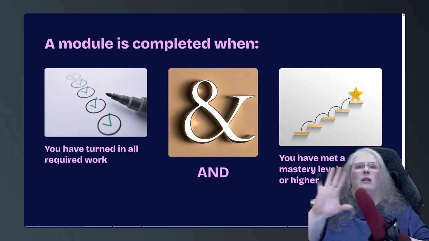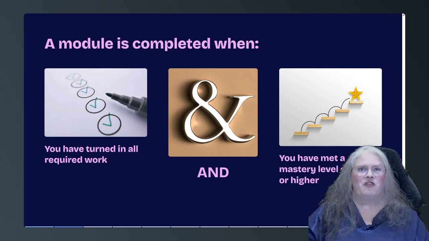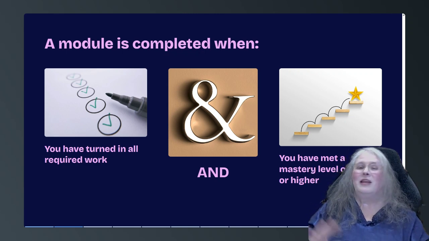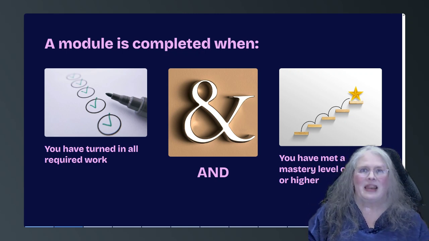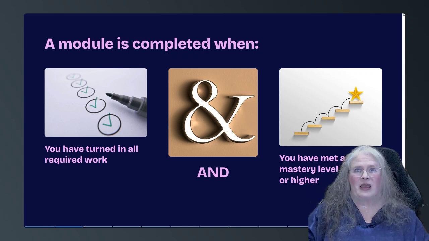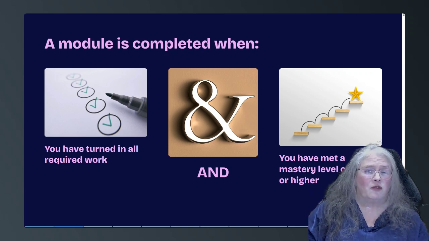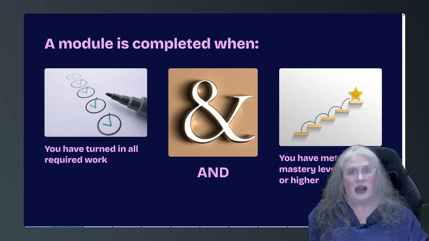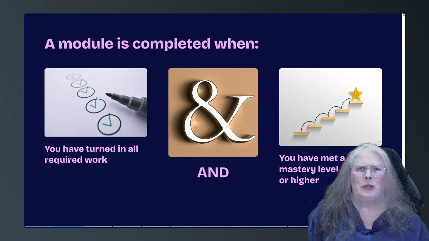So, we've got to keep in mind our definition of completion. All required work turned in, graded, and we've met a mastery level of 80%. Just as a side note, often people get stressed thinking that they can't start working on the next module. You absolutely can.